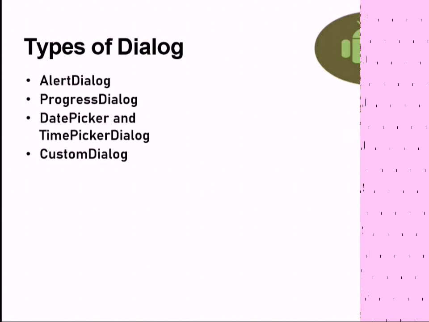The next is progress dialogue, which tells the user about the progress of any state that's going on. The next are date picker and time picker dialogues, which give a better UI to the user with a date picker and time picker interface, where you can set the date and time for any application that requires it. And next is custom dialogue. You can use it for any kind of short message display.